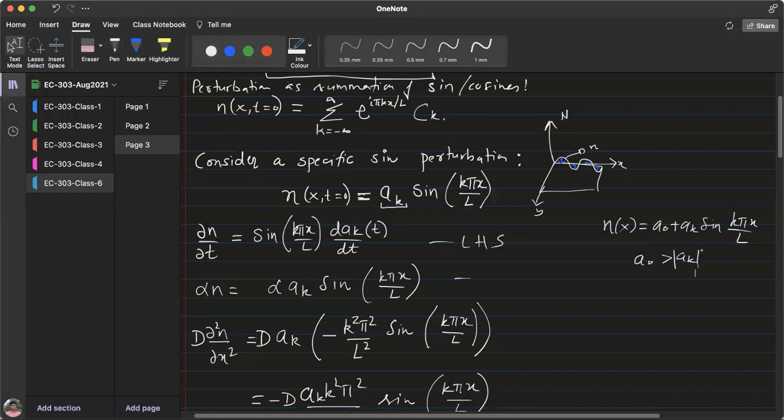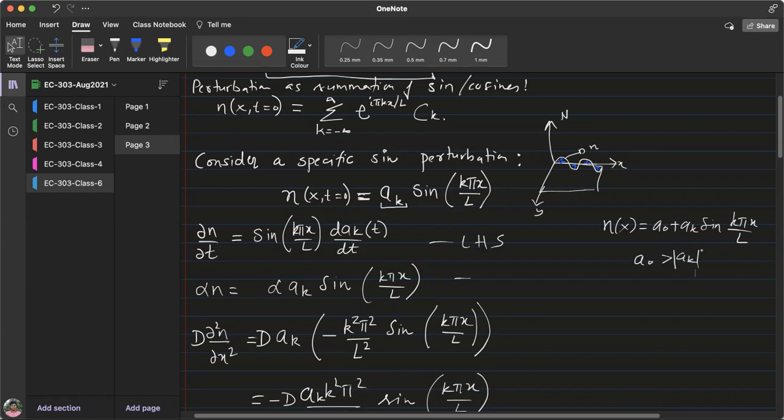If you do this, then you really cannot have a zero or negative value. The minimum value will actually be A0 minus mod Ak. It's basically shifting the entire sine wave up by A0. Yeah, that's a good point.